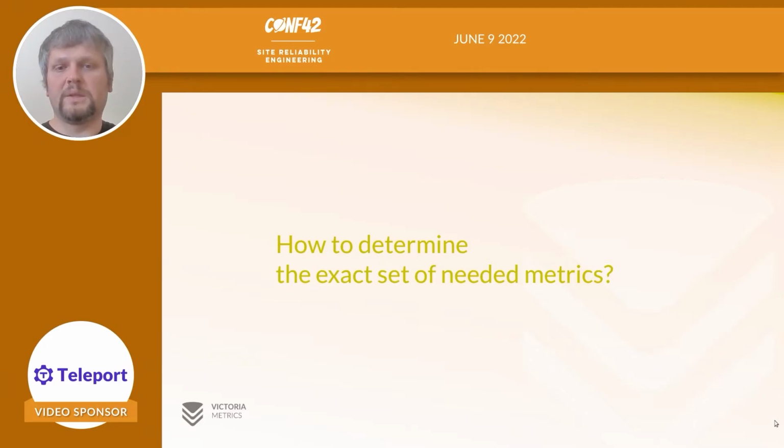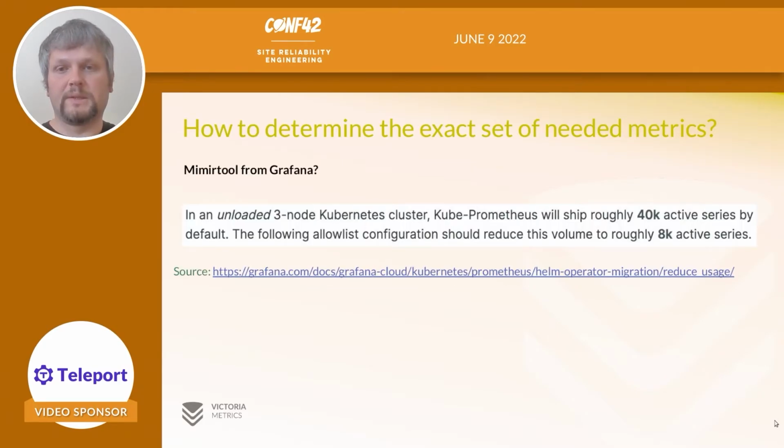How to determine the exact set of needed metrics? There is the mimirtool from Grafana, which scans your recording and alerting rules, and also scans your dashboard queries, and decides which metrics are used and which aren't used. Then it can generate an allow list of used metrics.